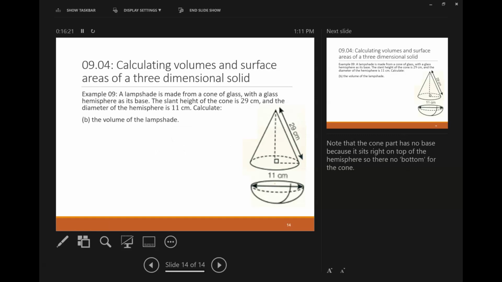Now, if I want the volume of the lampshade, how would I do that? Just take the volume of the cone and the volume of the hemisphere, and add them together. Everybody's okay with that idea?